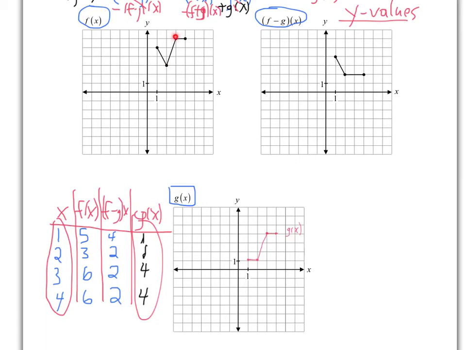Right here we got a y value of 6, and we subtract from that a y value of 4, and again we get a y value of 2. And lastly, a y value of 6, subtract a y value of 4, does give us a y value of 2. So no matter how we organize this, we should get the correct result.